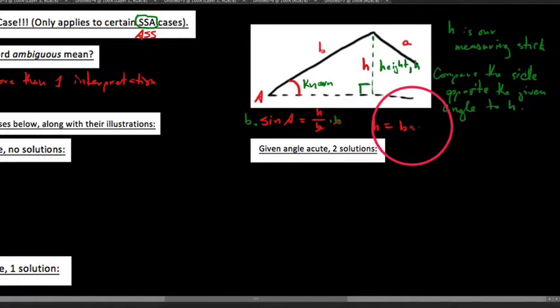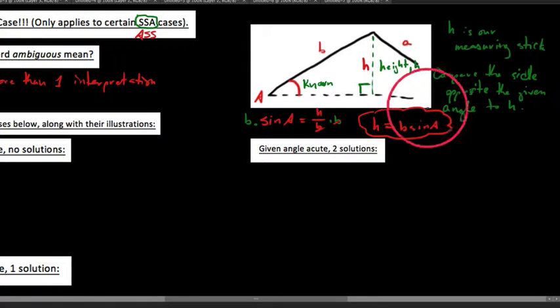We would say B times the sine of A. And so this H equals B times the sine of A. I'm going to rewrite this one more time because I think this is really helpful. When we talk about where is B and where is capital A, we're really looking at a capital A representing the known angle that we started with here, and then B is this side that is adjacent to this angle here.